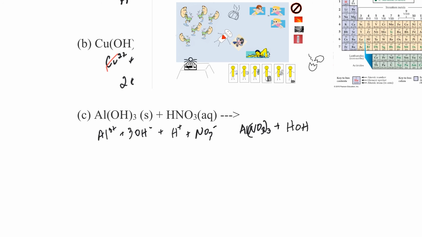That's water again. So we're making water again. All right, so that means this side is going to be Al3 plus, 3 NO3s. Okay, so to balance everything, we have to have 3 NO3, and 3.